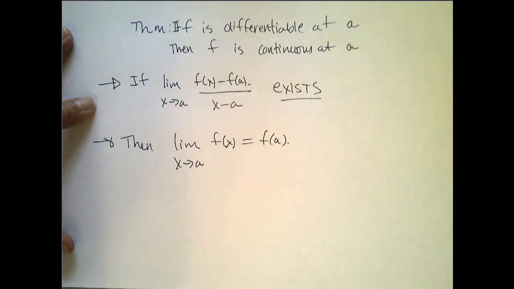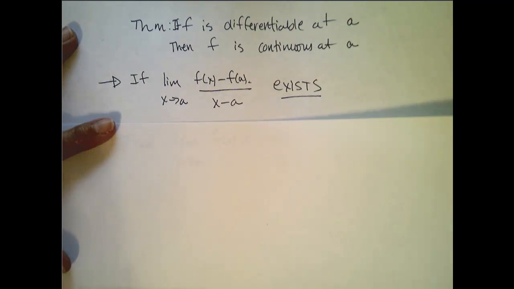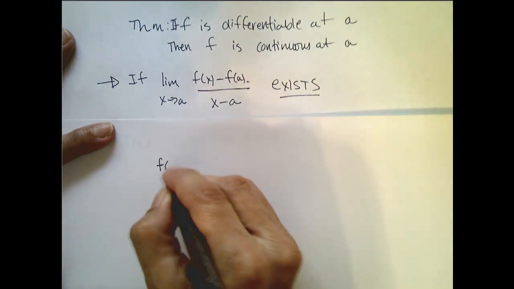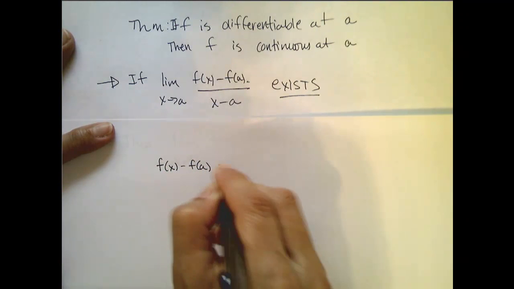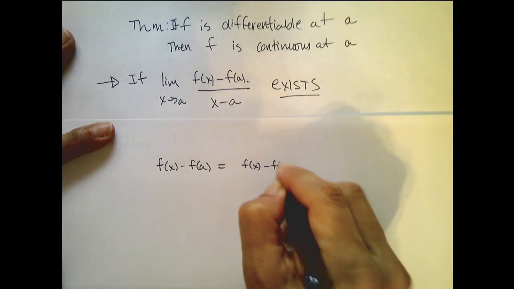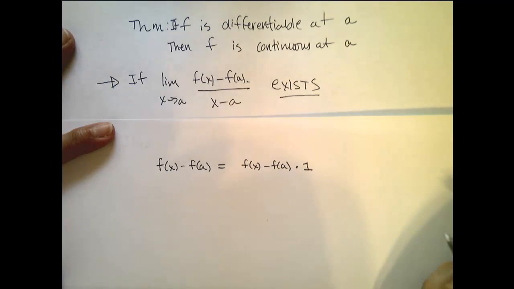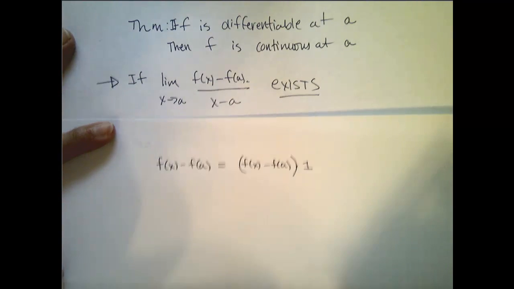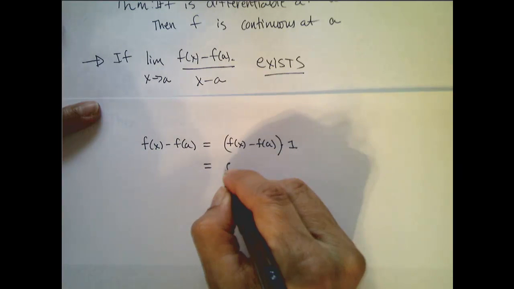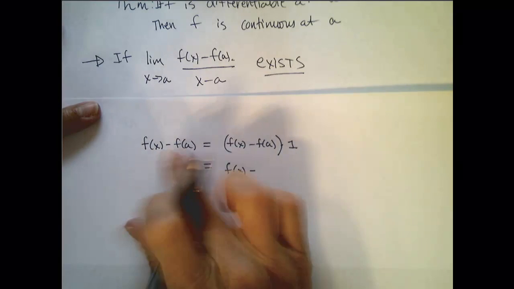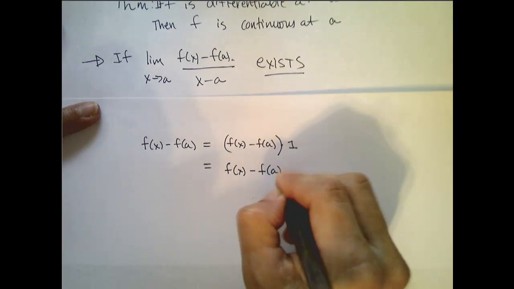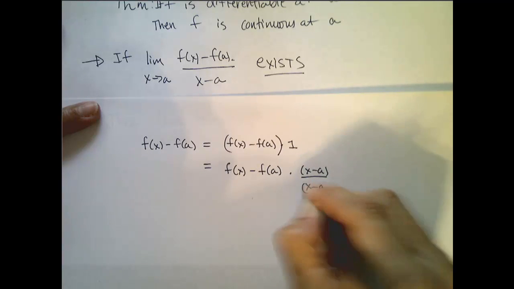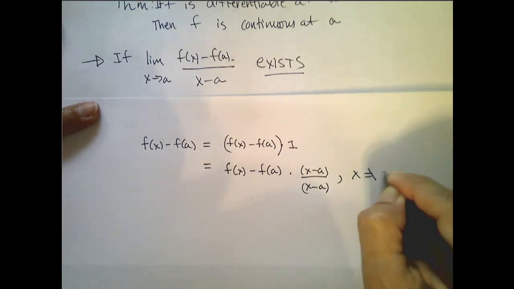All right? So let's start with this fact. Do you agree that f of x minus f of a is equivalent to f of x minus f of a times 1? I'm sure you do. Let's write this whole thing times 1. Well, that means I can write f of x minus f of a as f of x minus f of a times x minus a over x minus a, provided that x is not a.